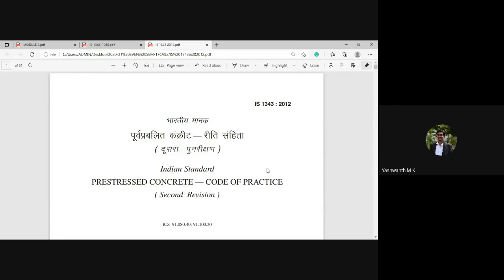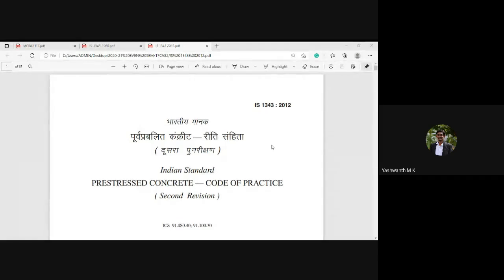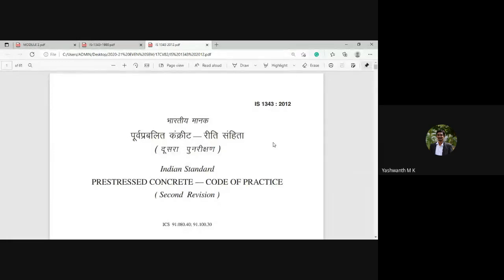That is, pre-tensioning will have different types of loss of pre-stress, and in the post-tensioning system we have different types of loss of pre-stress. In connection to that, we also discussed the various losses of pre-stress in pre-tensioning and post-tensioning, and we came across the formula to calculate the loss of pre-stress in each particular loss.